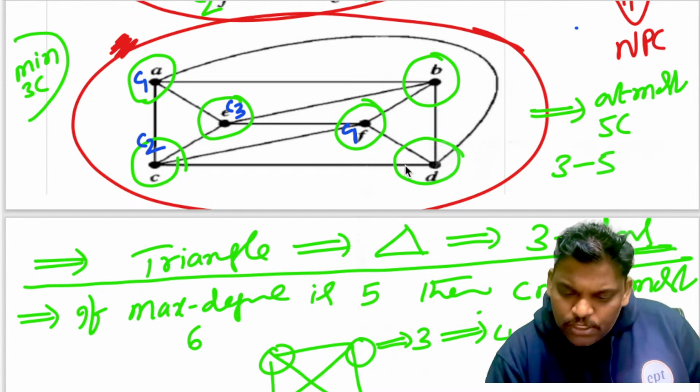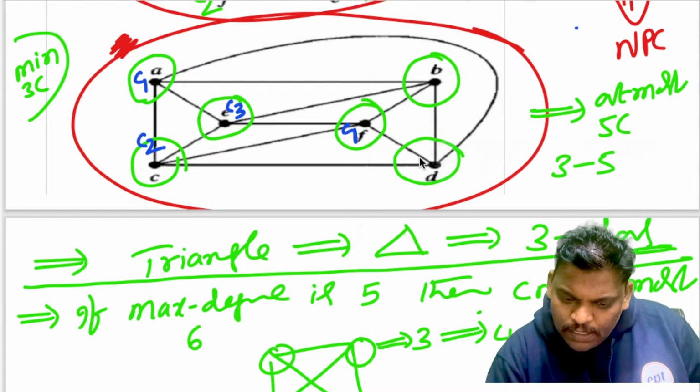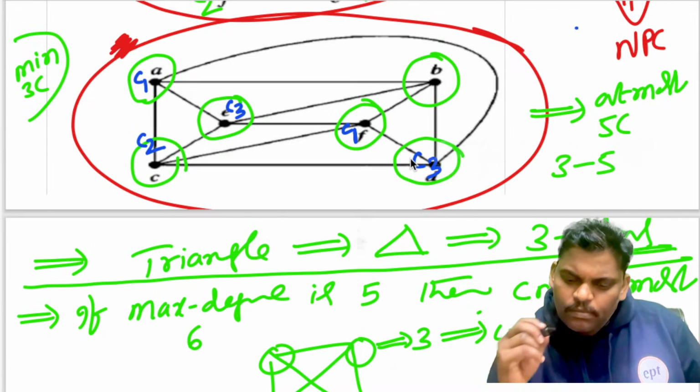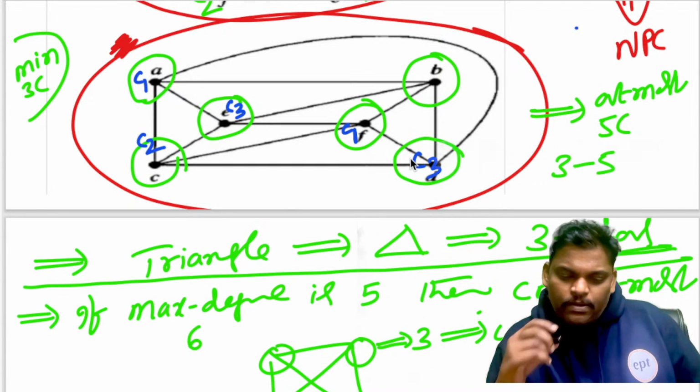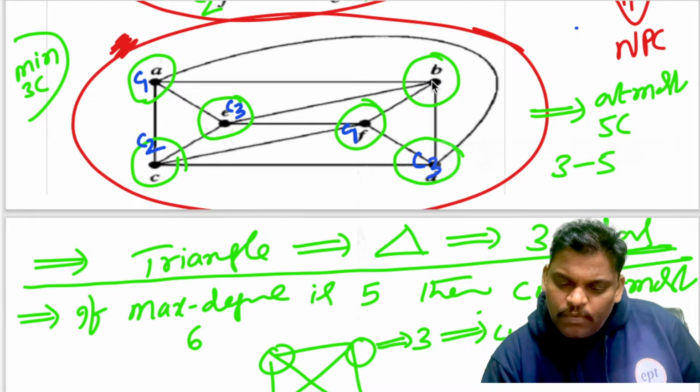C2, C1 already there, so it is C3. If I want to give C3 here, can I give C2 here?